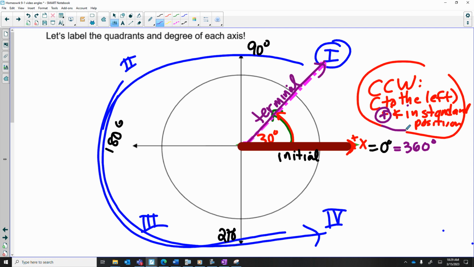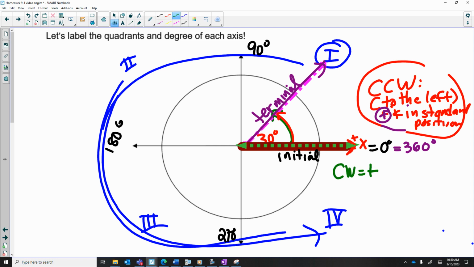Now, let's say I was going the opposite direction, okay? Let's say I was rotating from the same spot and now down. Now that's going to be a negative angle of rotation. So this is going to be negative 90, negative 180, negative 270, and negative 360. That would be going to the right, aka clockwise. So let me write that down as well.